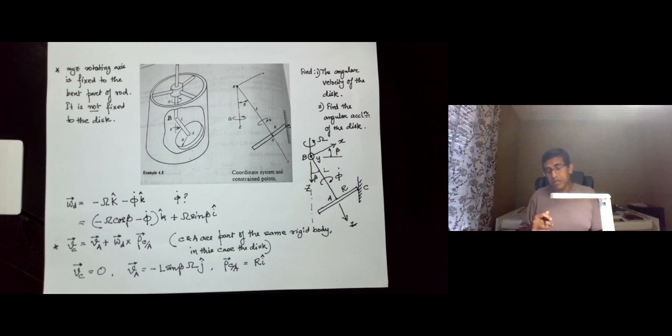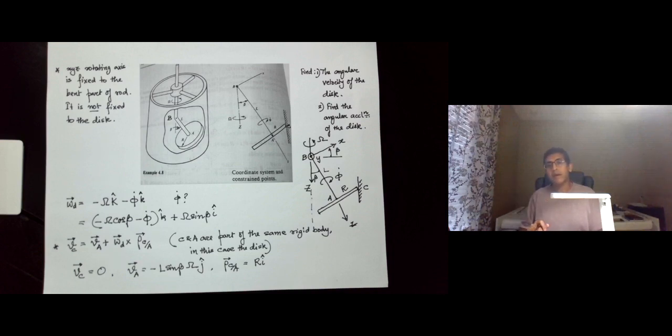All that is good, but now we want to extend this problem to a third part, and here we will now consider the rotating reference frame to be fixed to the disk.